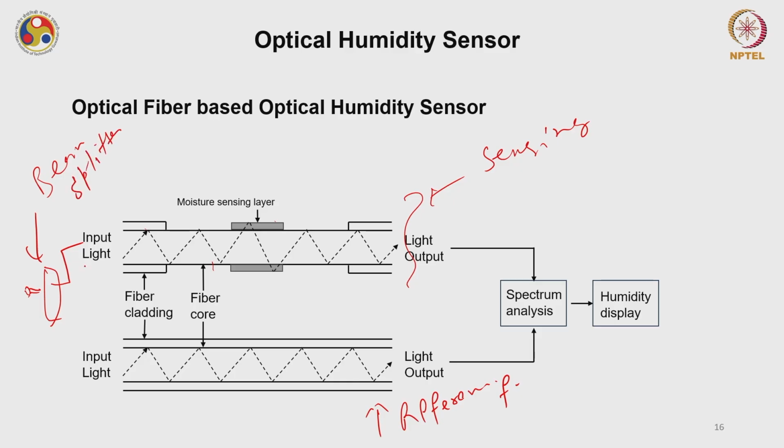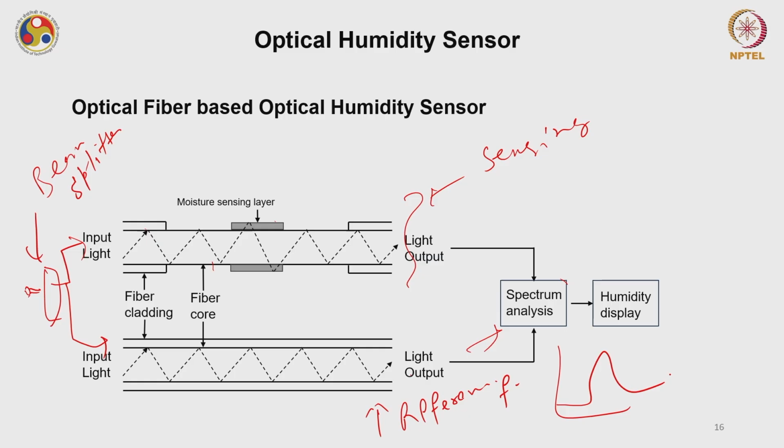The same input is provided to this reference fiber system and to this sensing fiber system. In this core cladding system, this input light passes and is detected by this spectrum analyzer.